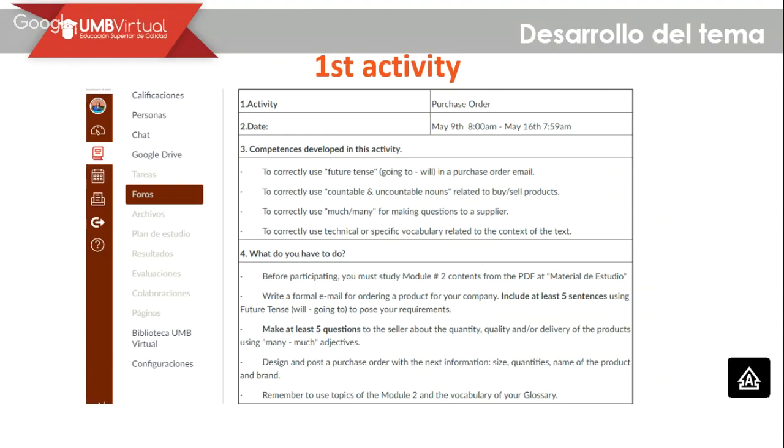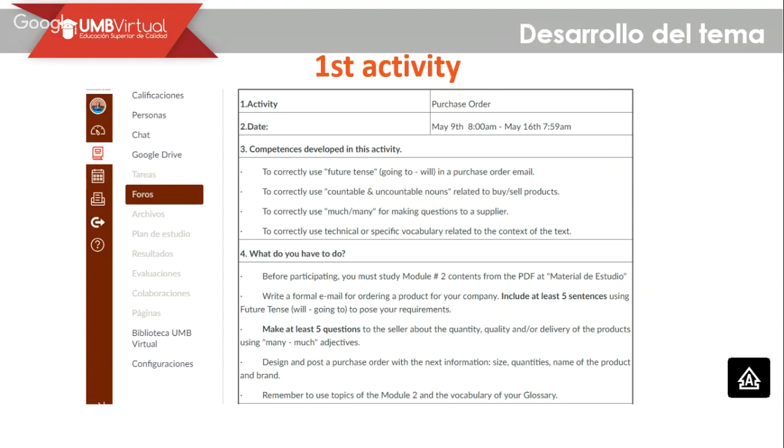Okay, right here, this one is our first activity that you have to send to me, which is since May 9th until May 16th. The competencies that you are going to be focused on and that you're going to develop are taking into account the grammar topics like future tense, going to plus will, of course, countable and uncountable nouns, much, many, and there is and there are.